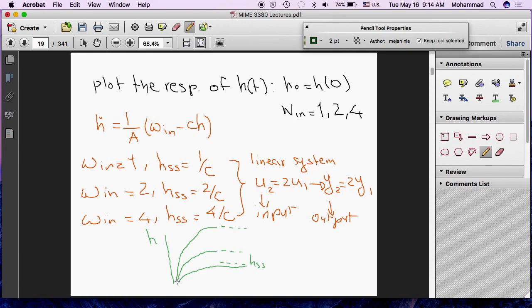So again, these are smooth lines, exponential rises, but the time that it takes for the system to settle doesn't depend on how much input you put in. And it doesn't depend on the initial condition either. It doesn't depend on either the initial condition or the level of the input.